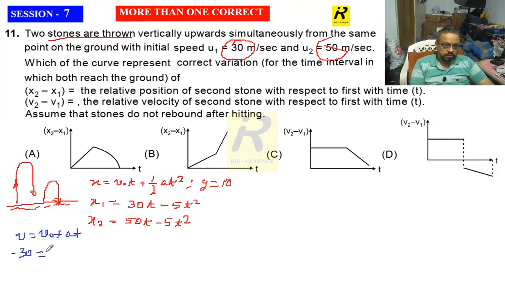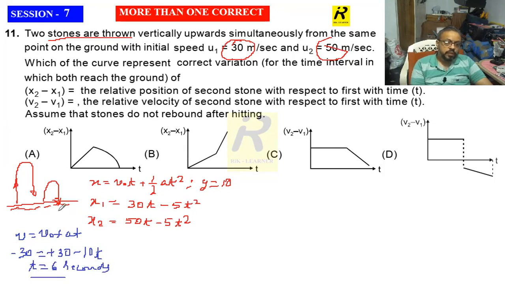So that will be equal to the upward velocity, which is plus 30, which is given, and this will be minus 10t, right, minus 10t. If you do this calculation, definitely we'll get t is equal to 6 seconds.